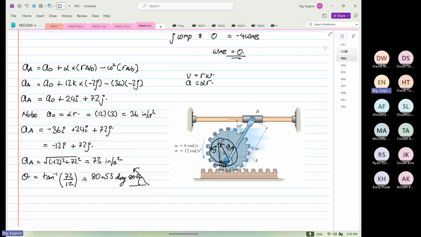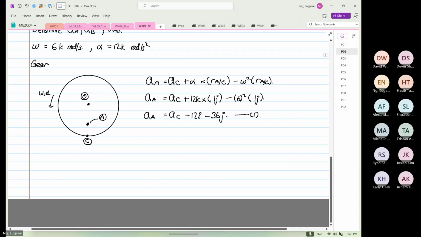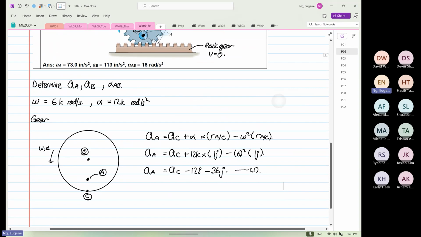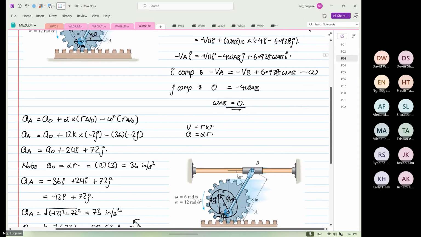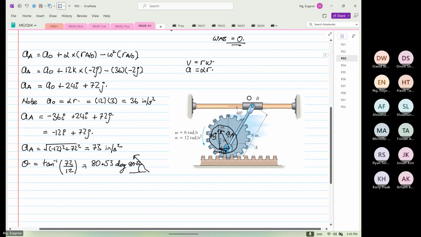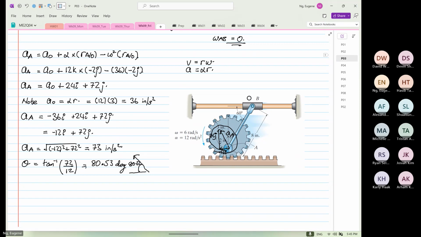So now we will come back over here. Did we find acceleration at point B? Yes. If they want you to find the magnitude, the absolute magnitude, you have to do the square root thing.